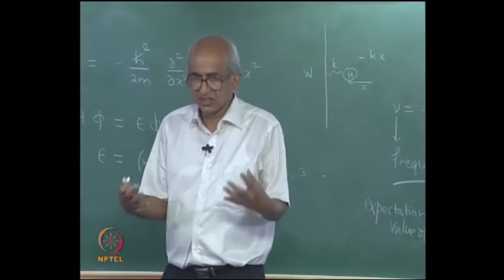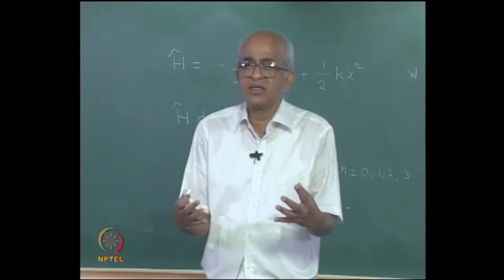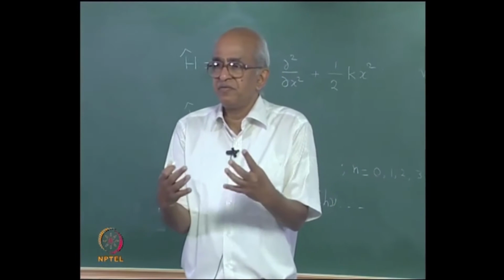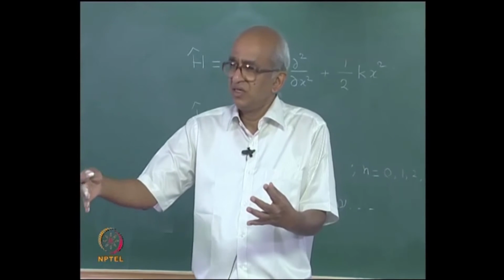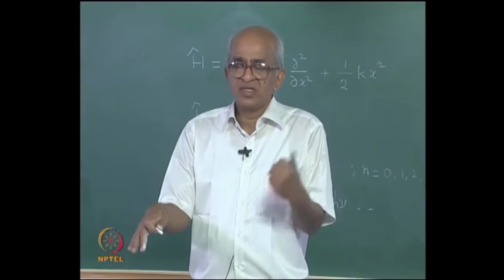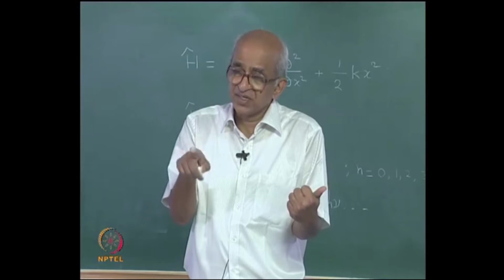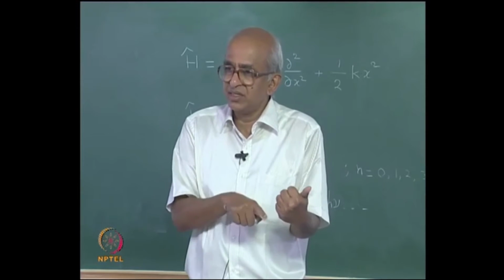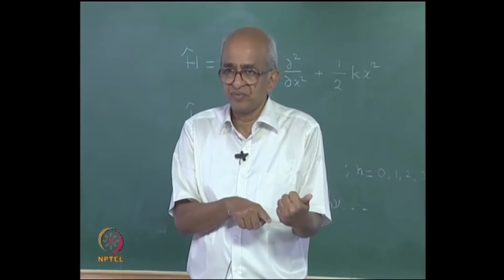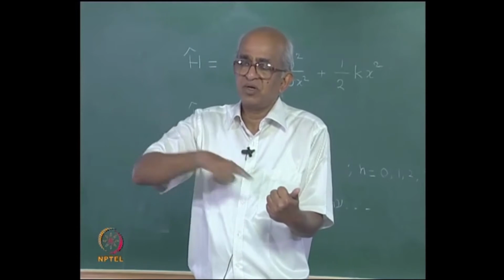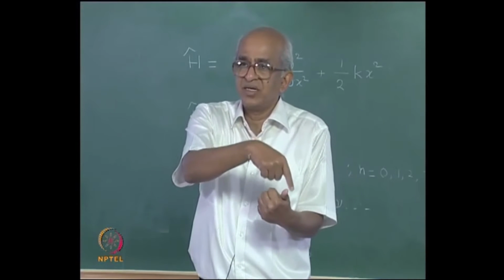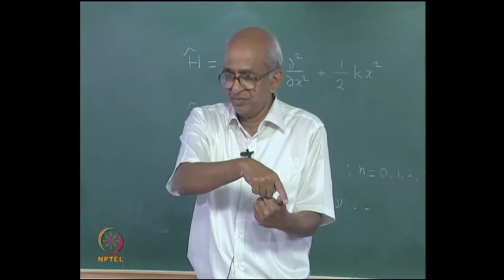And therefore, what is it that you find? The answer is very simple: if your state function is an eigenfunction of the operator with an eigenvalue a, then the expectation value is actually nothing but the eigenvalue. Okay. So, this says that if you make a large number of measurements, the answer is going to be that particular eigenvalue.